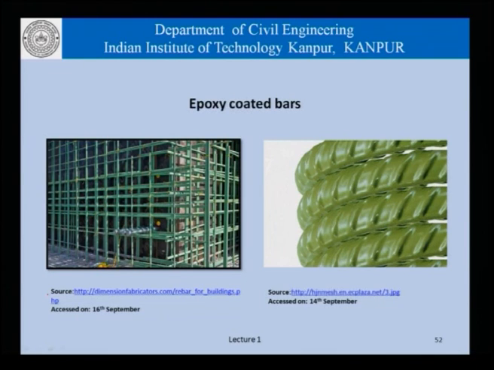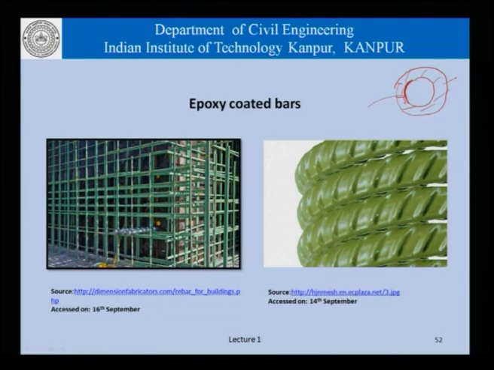Epoxy coated bars are nothing but normal reinforcing bars like this, which have a deposited coating of epoxy material, and this coating prevents the surface of the reinforcing bar from corroding.